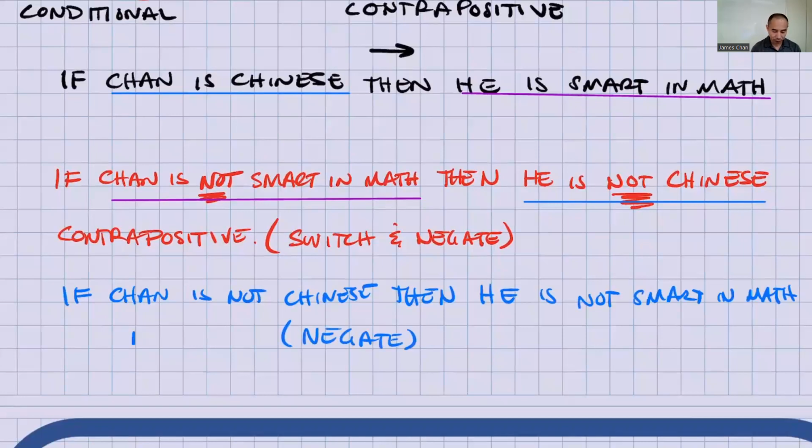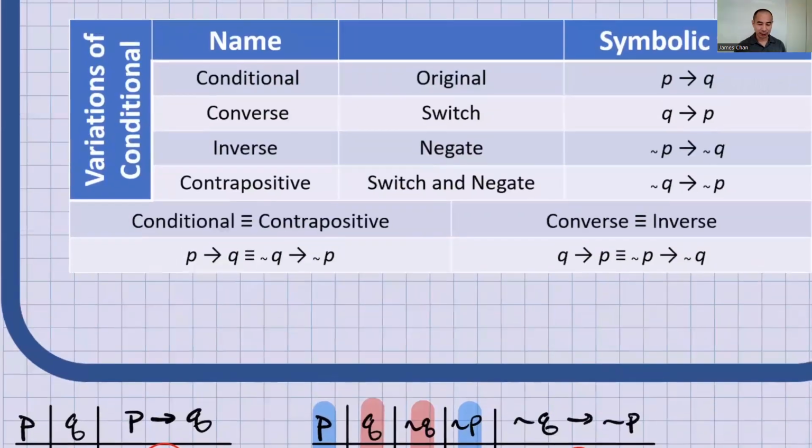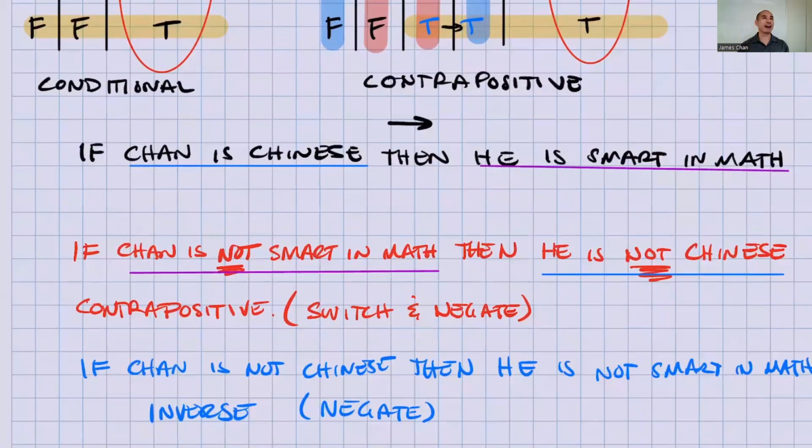Wouldn't that be an inverse? Because if you look up here on this thing here, which one does it say is just to negate? If I was just to switch, then it would say, if Chan is smart in math, then he is Chinese, right?